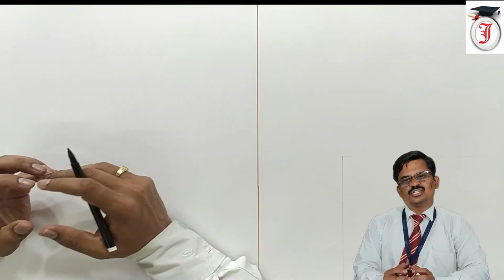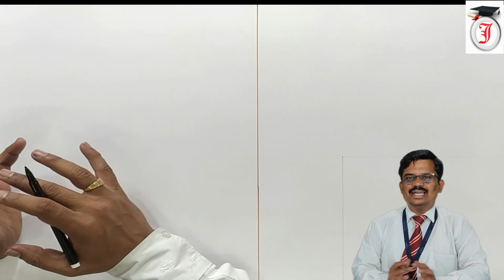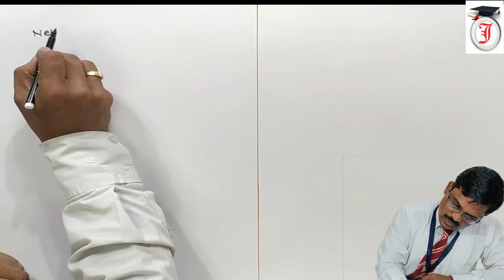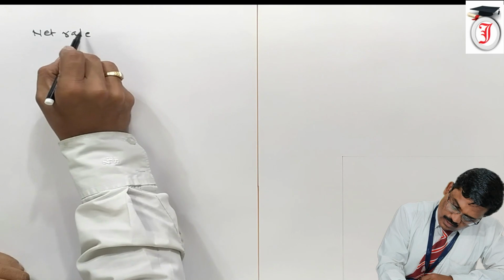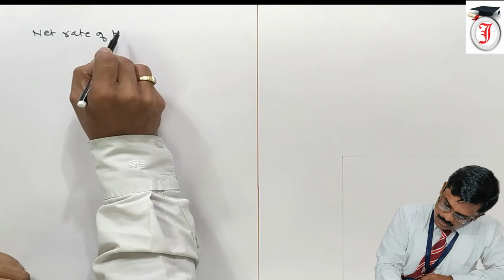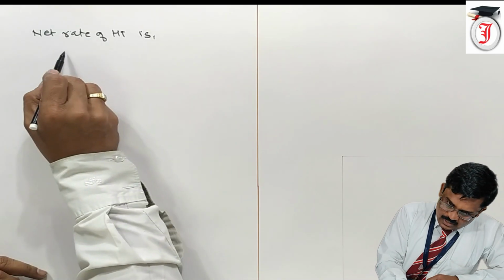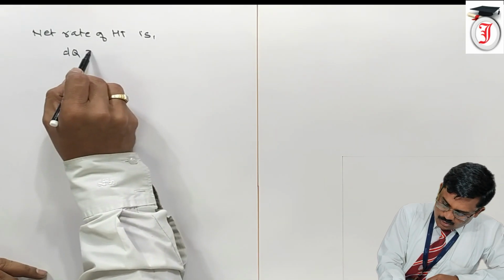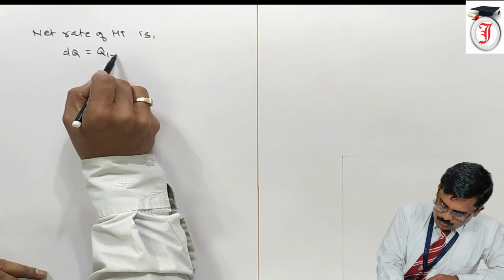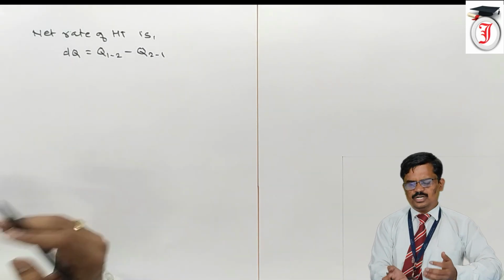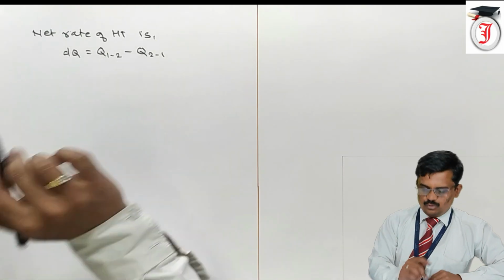So by using equations 3 and 4, we can calculate the net rate of heat transfer. The net rate of heat transfer is given by dq is equal to dq1 to 2 minus dq2 to 1. Let us put the values from equations 3 and 4.